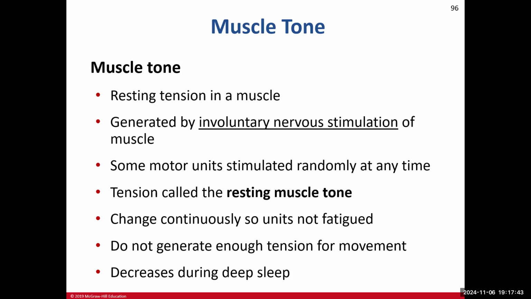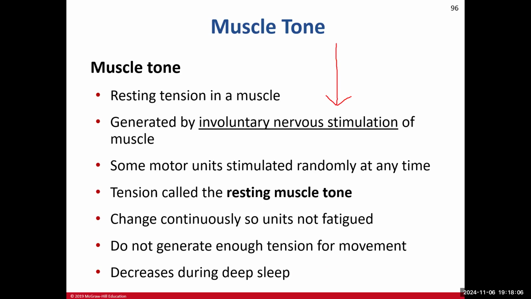But what we're seeing is your nervous system. Does anyone happen to know what part of the nervous system is responsible for this? I'll give you two choices to pick from. Autonomic nervous system or somatic nervous system? Take a guess. What's responsible for that resting muscle tone?